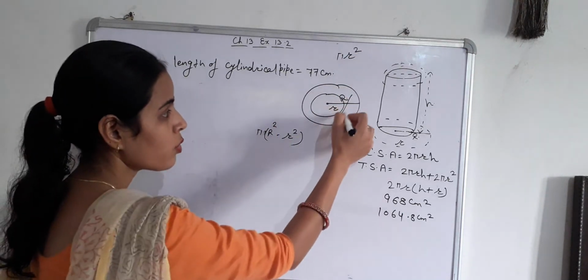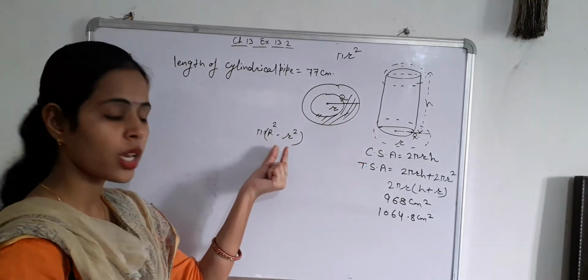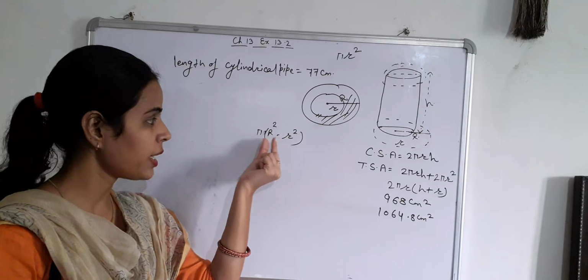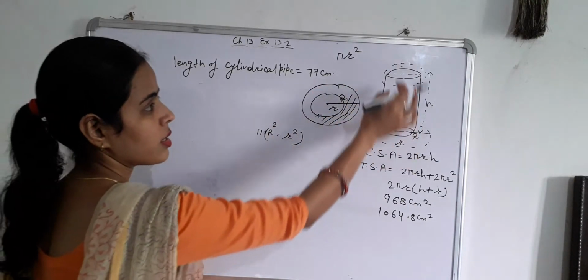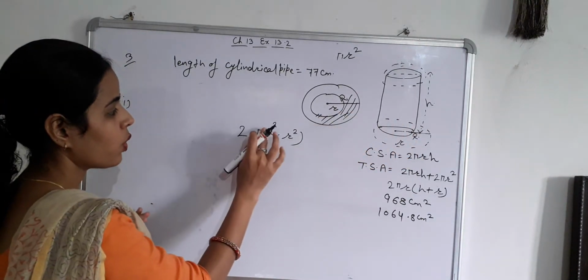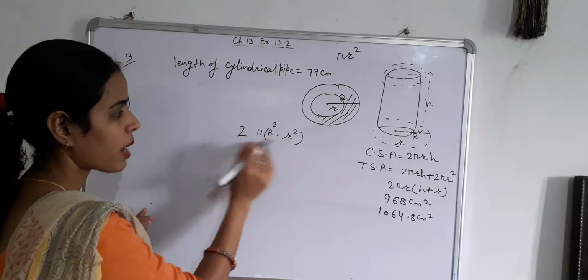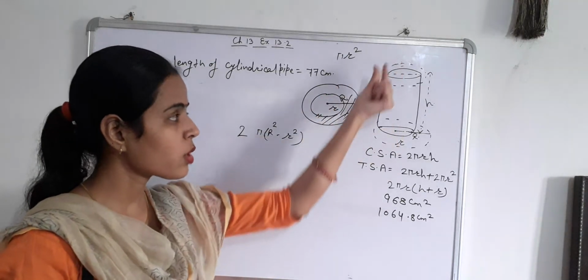Area of this part equals pi capital R square minus small r square. There are two circles at its top and its bottom, so multiply by 2: 2 pi R square minus r square. These are the area of two circular parts.